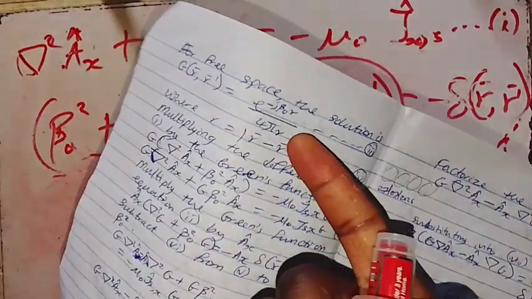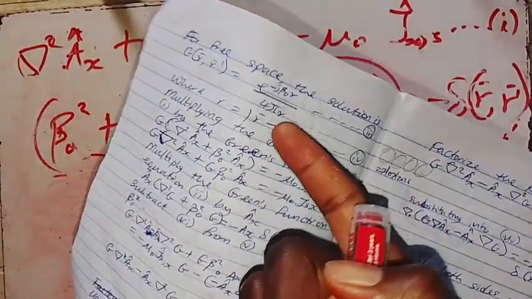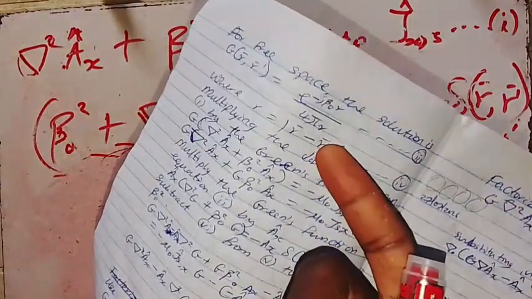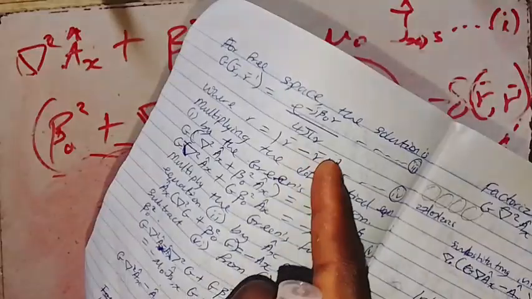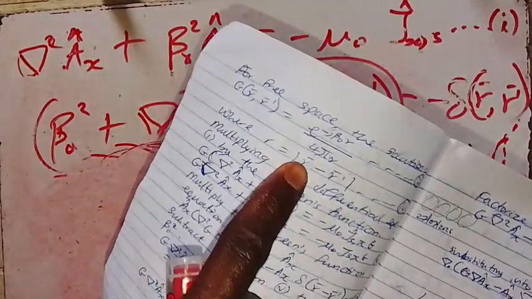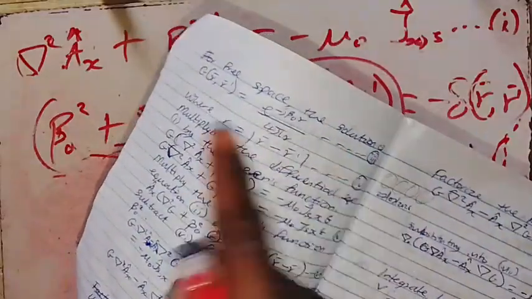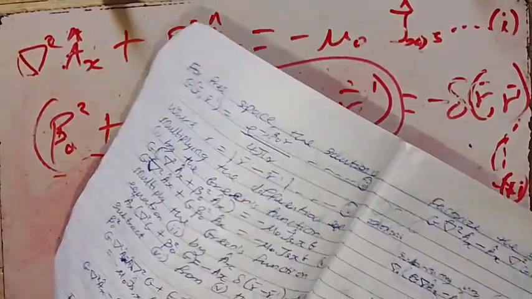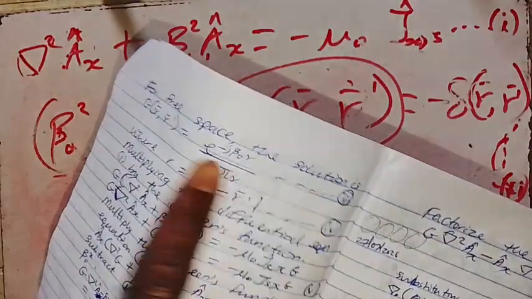Meaning a point in the source, like I drew that antenna some minutes ago, we subtract that value from the point of observation. Of course, take the modulus, meaning whether positive or negative, you get a positive result. That is what R means in this case. All right, so that's equation 3.